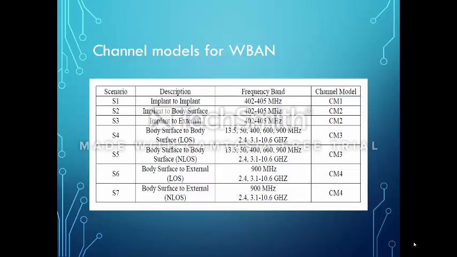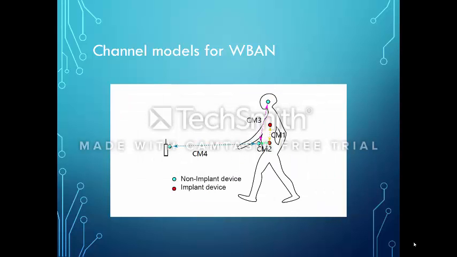The first one is in body, the second one is on body, where body surface nodes communicate to body surface nodes, and the third one is on body, where body surface nodes communicate to external nodes. This is a scenario for the WBAN.